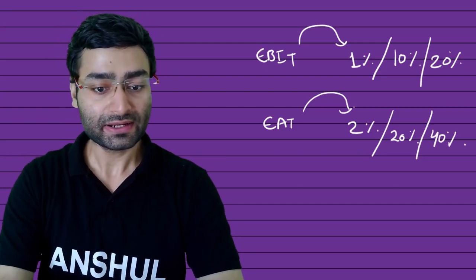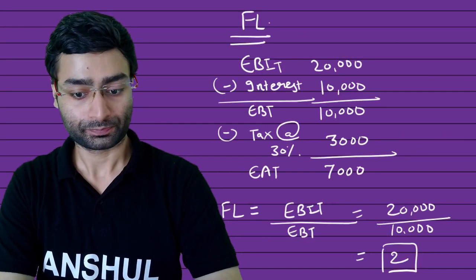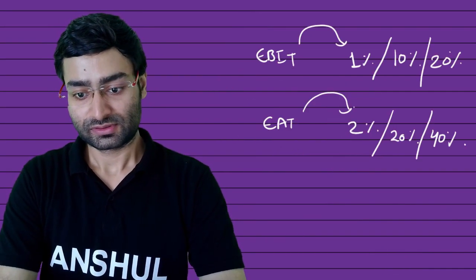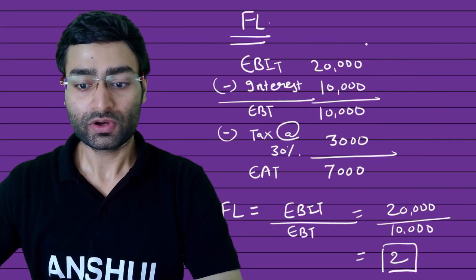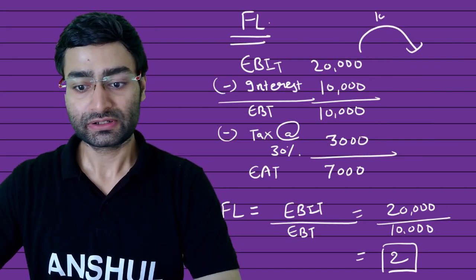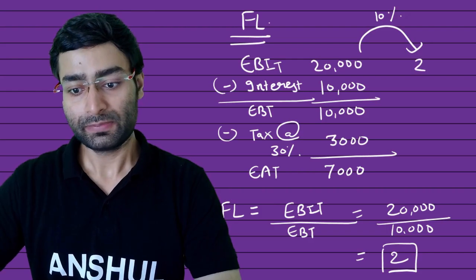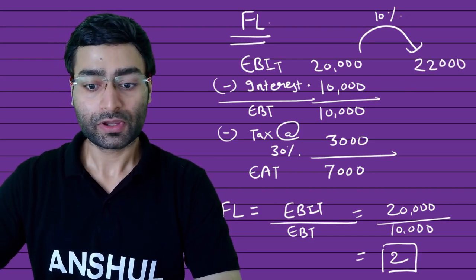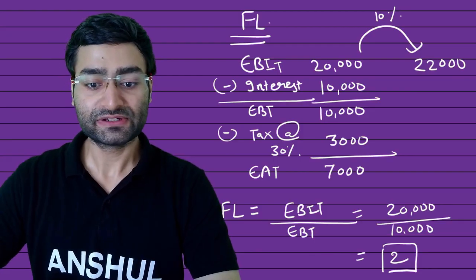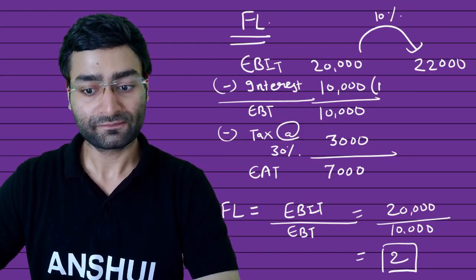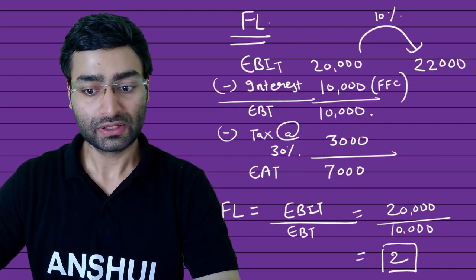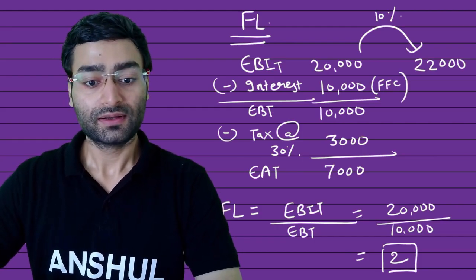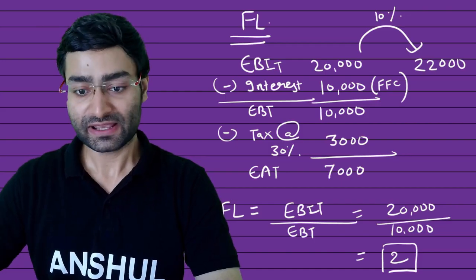So now understanding the interpretation of this 2, you can also cross check. Just increase your EBIT by 10%. It will be 22,000. Interest is the fixed financing cost, and due to the presence of fixed financing cost, the financial leverage arises.